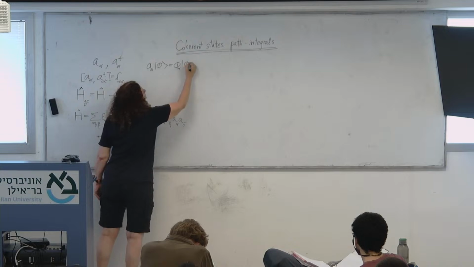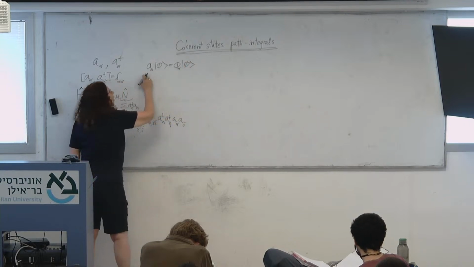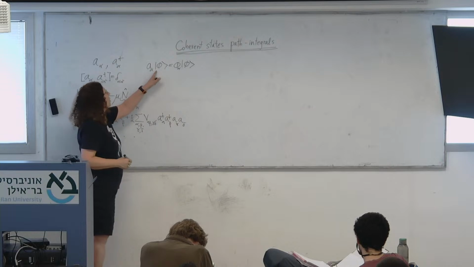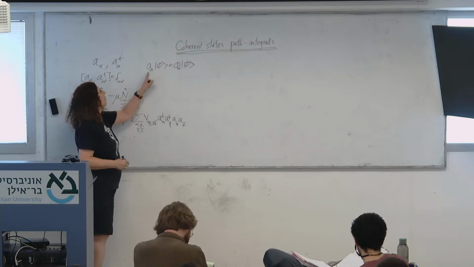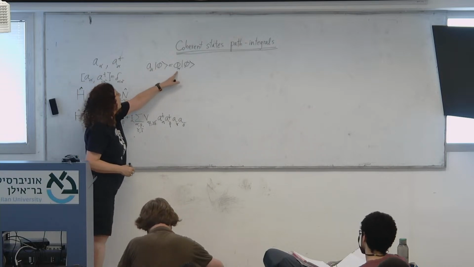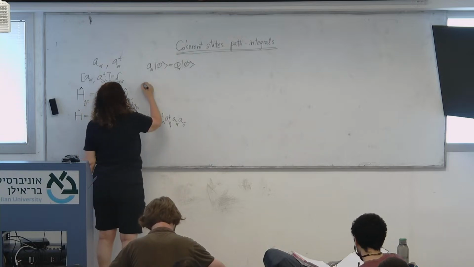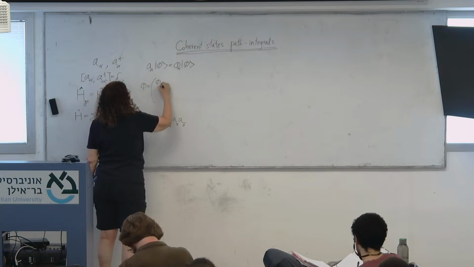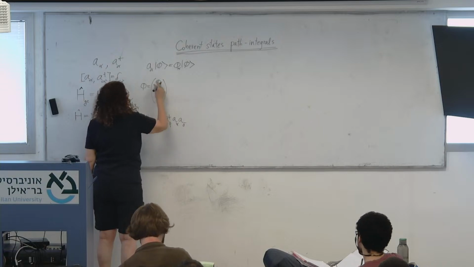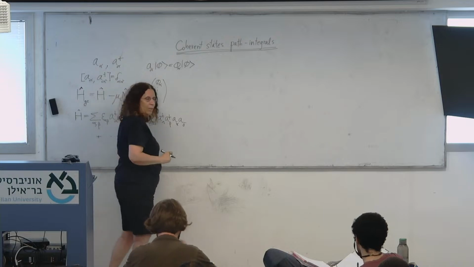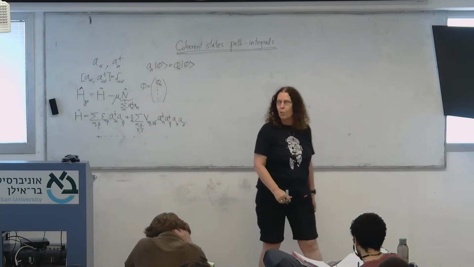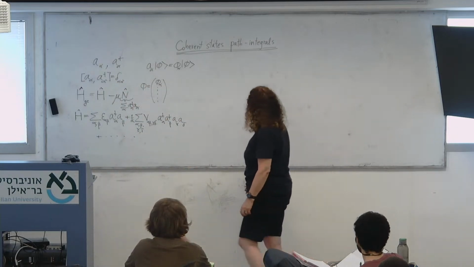So these are eigenstates of the annihilation operator with eigenvalues phi alpha. And phi here is a vector which contains phi alpha, some complex number for each quantum number.